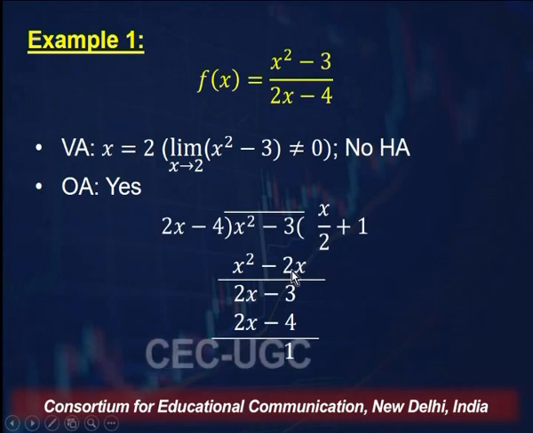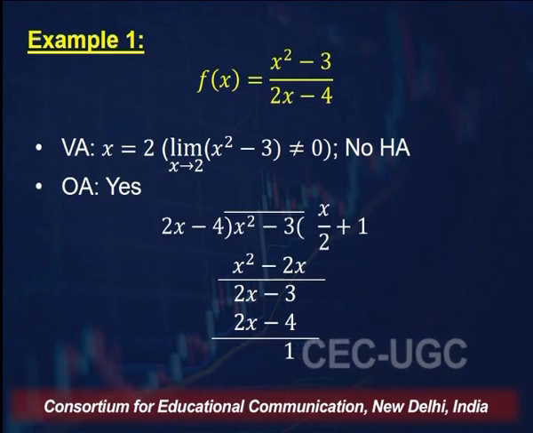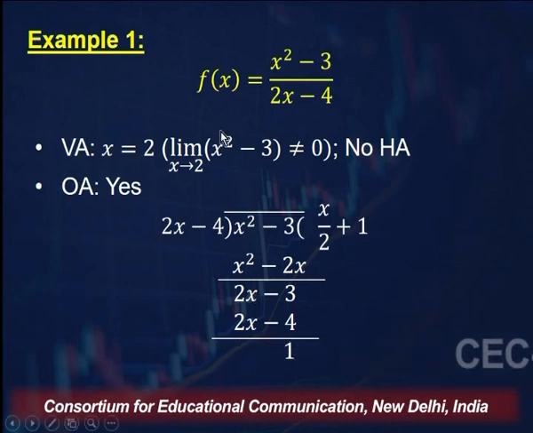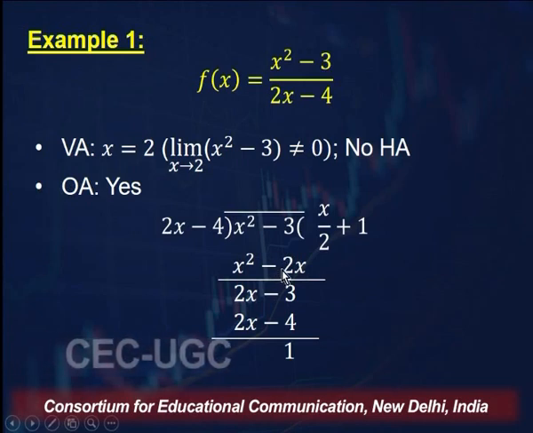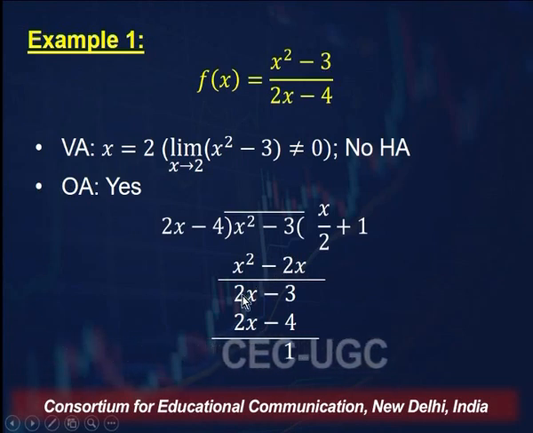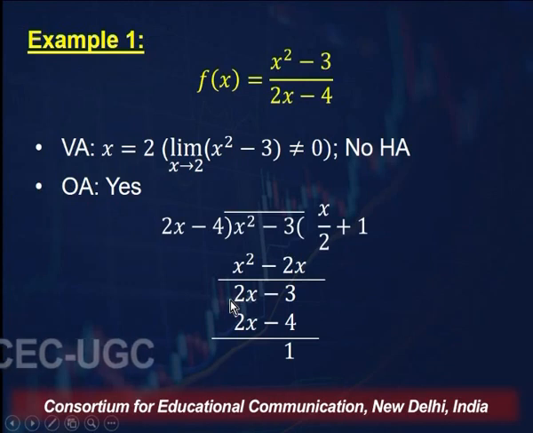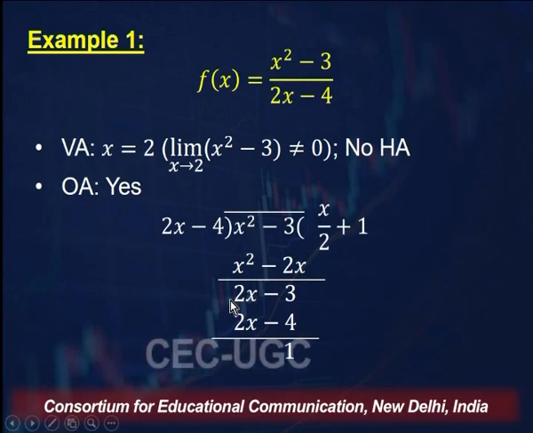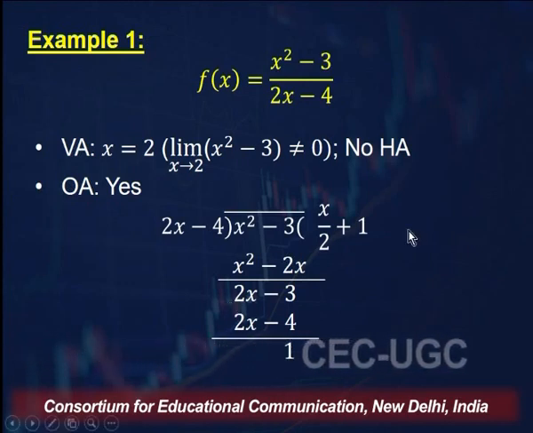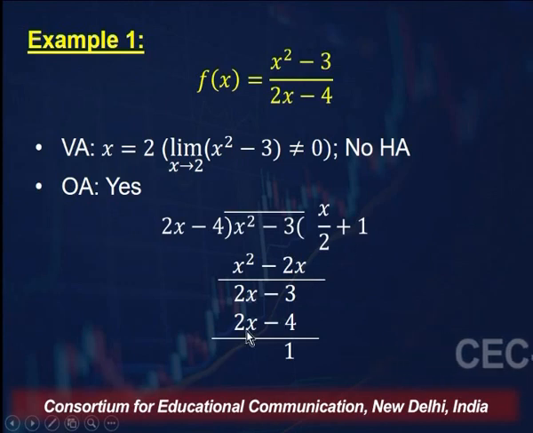As you are familiar with any process of division, the sign has to be changed. So x squared and x squared will get cancelled. This minus 2x will become a plus 2x. When carried down, it's going to be 2x minus 3. Now, 2x will go into 2x once, so 2x times 1 will give you 2x, and minus 4 times 1 is minus 4.